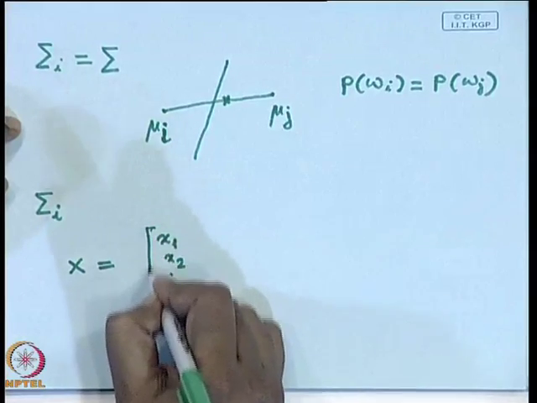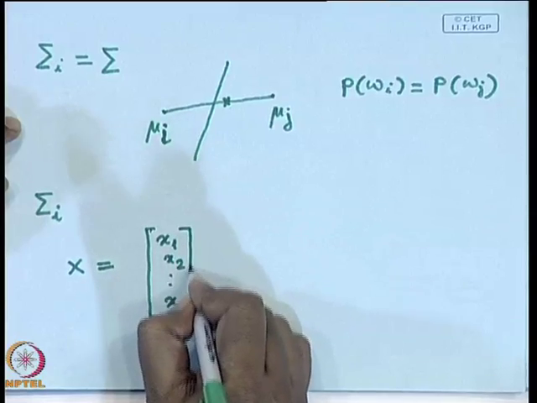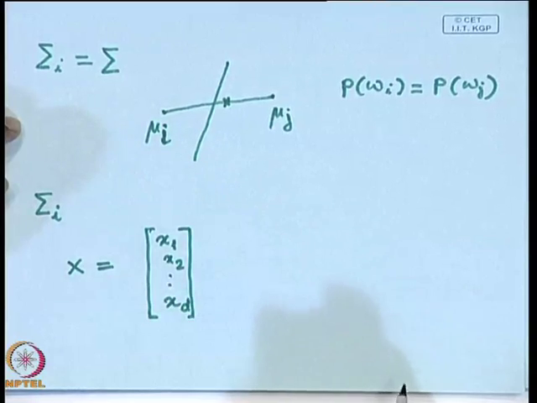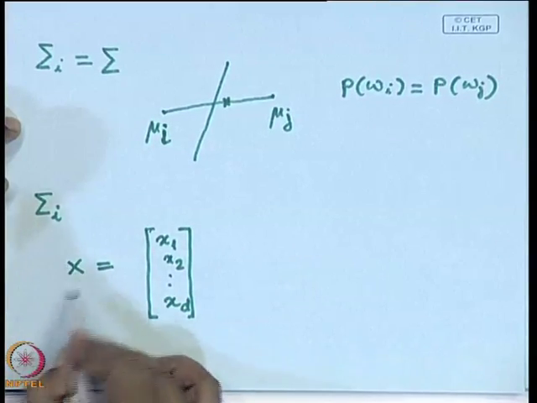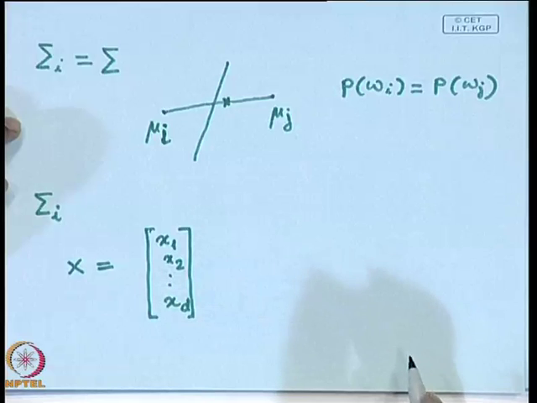So, it is a d-dimensional feature vector. In all these three different cases, our basic assumption was that the feature vectors are continuous, or in other words individual components are also continuous.